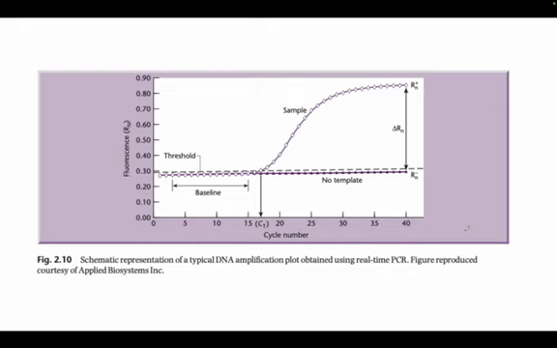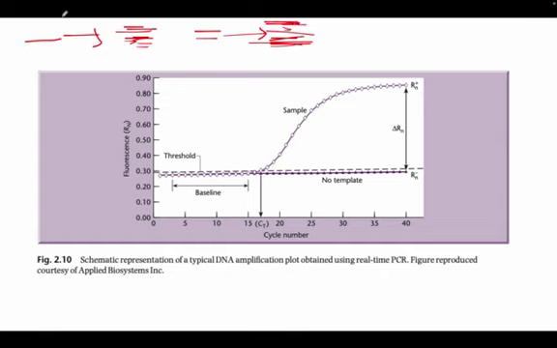So we just discussed how we can use PCR to get many copies of our target DNA. But you can also see that what this effectively means is that the amount of DNA that we get, right, in a PCR cycle will be proportional to the number of target DNA molecules, right?